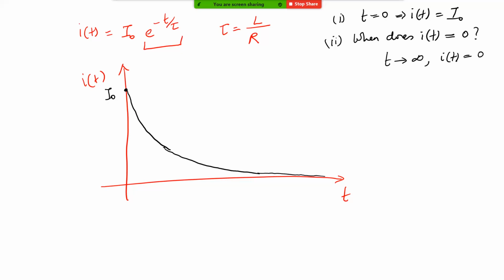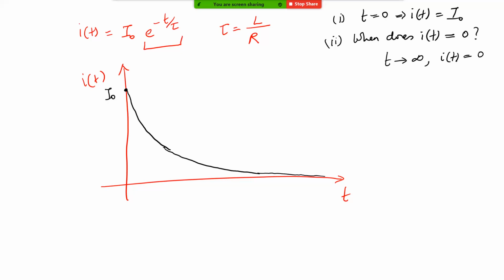We will see that when you have a forced function, you will also see how it exponentially goes up, and so there also it has the same behavior. Let's say you have a capacitor or an inductor and you are waiting for it to discharge completely. Now our mathematics is telling us that the inductor's current will completely come down to 0 only if you wait for an infinite amount of time.